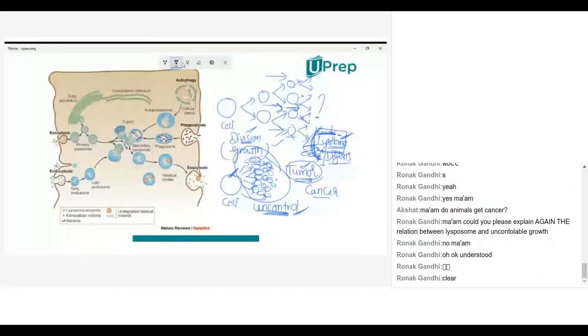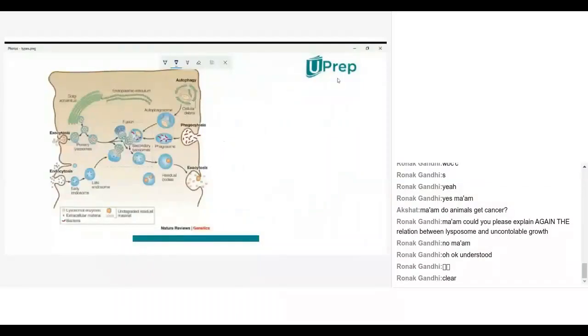Okay, so this whole process, the tumor development, the cancer, is everything related to autolysis. See, when a system goes on in a normal way, we call it functioning properly.